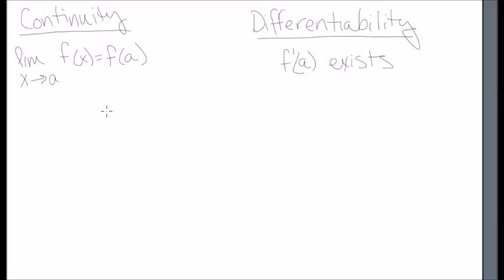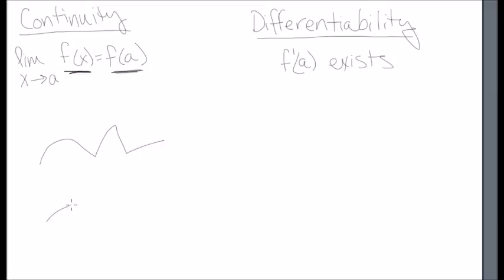Formally, continuity says that if you take the limit of your function f of x as the value of your variable x approaches point A, it's going to be equal to the value of the function at A. So another way of thinking about that is that the function has no place where it suddenly does something different. So you're allowed to have functions that look like this. You're allowed to have great big points and curves and vertical and sideways lines.